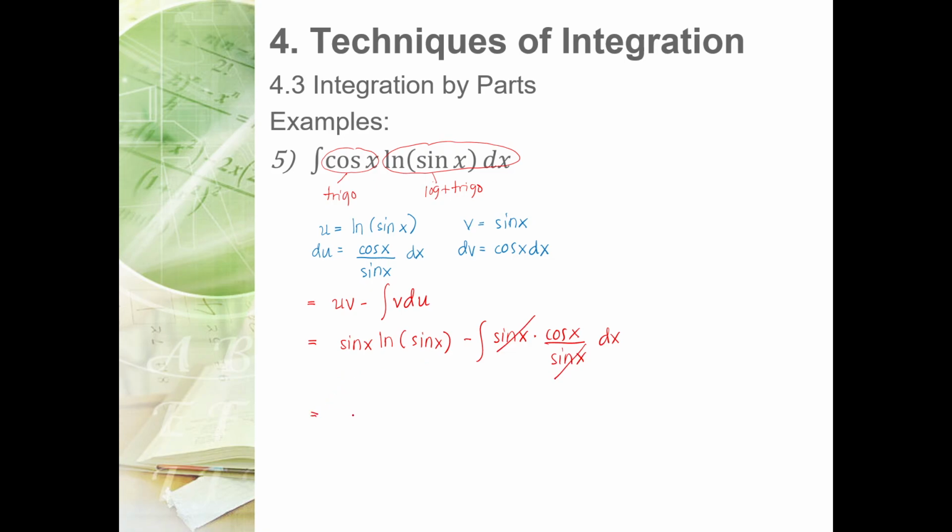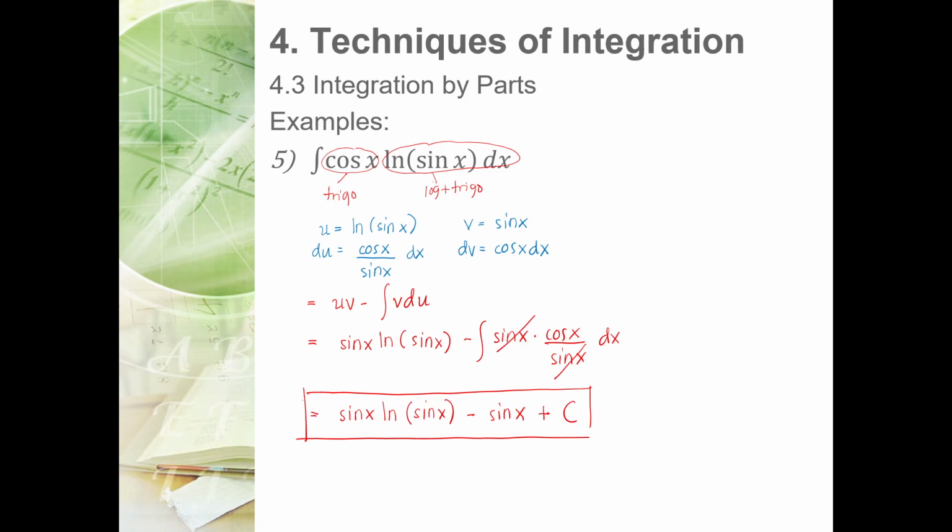So this would give you the final answer of sine x ln x, rather ln sine x, minus sine x plus c. Alright? So even though it looks complicated, just try to use the formula. So try obtaining u and then v.